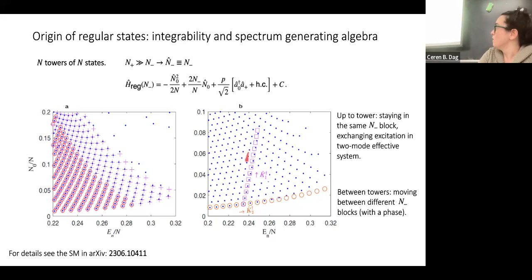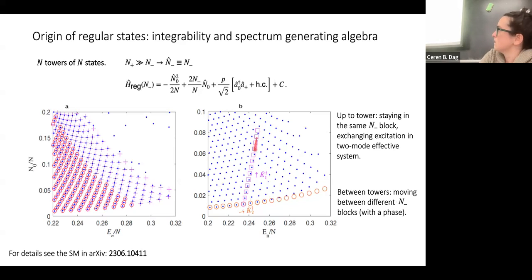To go up the tower, you need to stay in the same n minus block, because that is the background mode. And in order to generate them, you need to exchange excitation in this two-mode effective system. So that gives you this tower approximately.